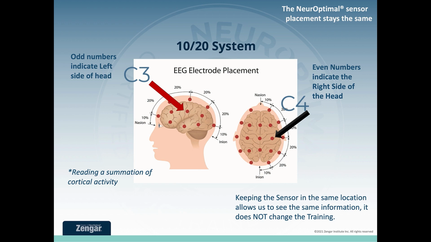Now, Lisa talked earlier about what we are really monitoring there. And it is a summation of all of the cortical activity. Okay? This is real important to understand, because we don't need to move our sensors around to monitor all of our cortical activity.